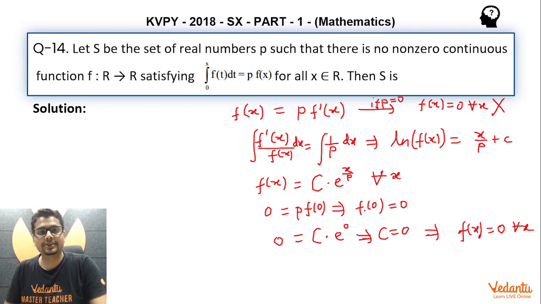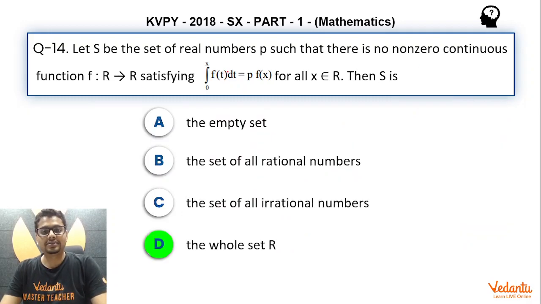So that means no matter what p is, there is no non-zero continuous function f. So that means the set S is the set of all real values. Why? Because for all real values of p, there is no non-zero continuous function f satisfying this. So the answer is the whole set R.